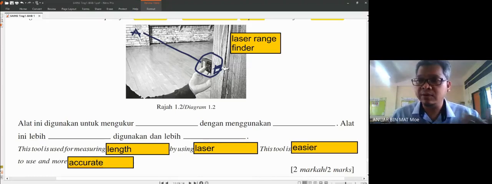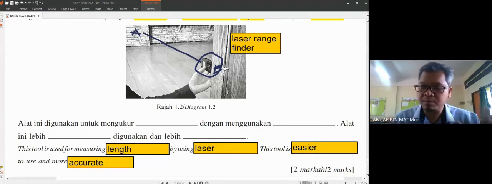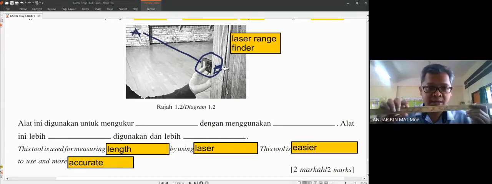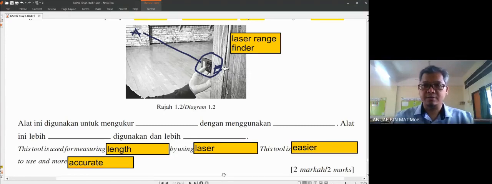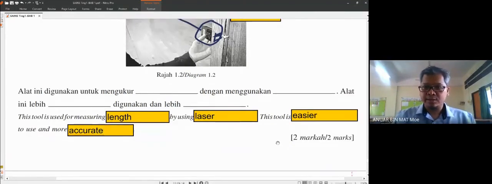Everything is given to them. This should not happen lah like this. You must also be able to use the manual measurement here, right? Very good. So this carries 2 marks, right?